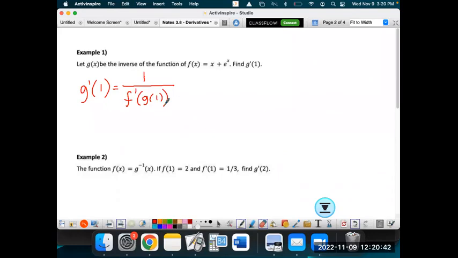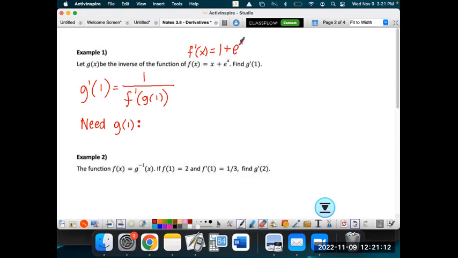We definitely need to know what g of 1 is. And we'll need to figure out what the derivative of f is. But I know what f of x is, so I can figure out the derivative function just by doing that as side work. That would be 1 plus e to the x. So we'll use that later.